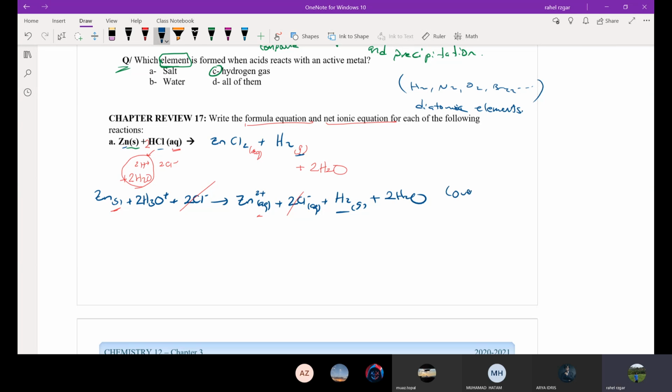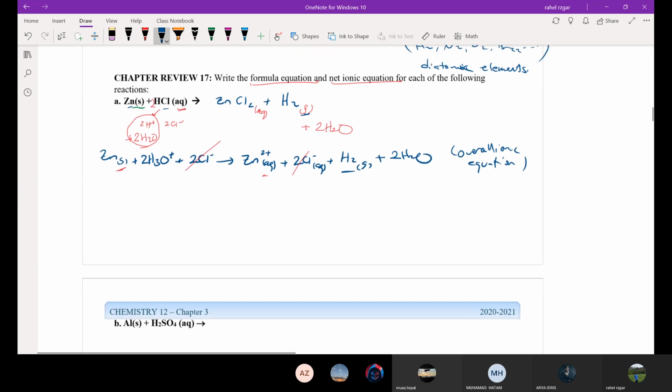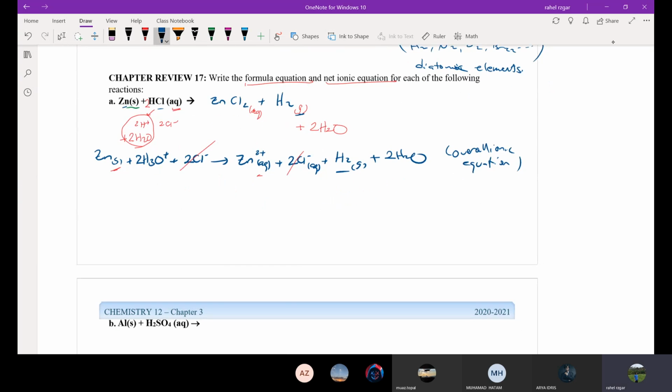So this is the overall ionic equation. Now, what is left? Zinc plus 2H3O becomes zinc, hydrogen gas, and 2H2O.